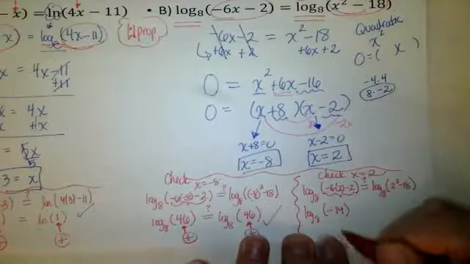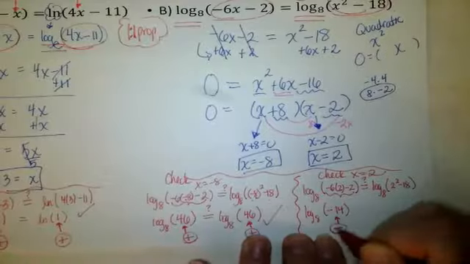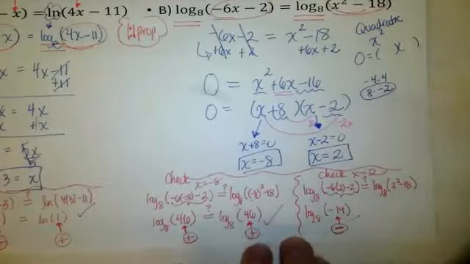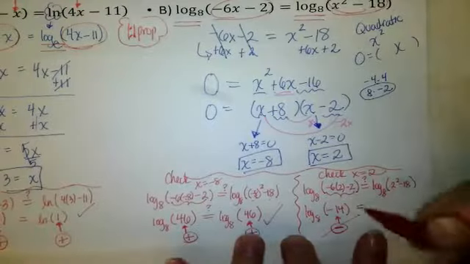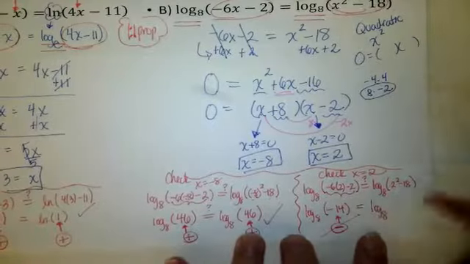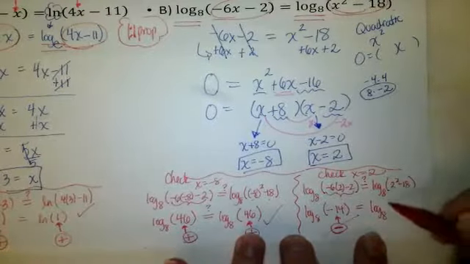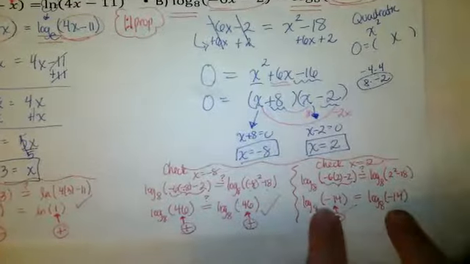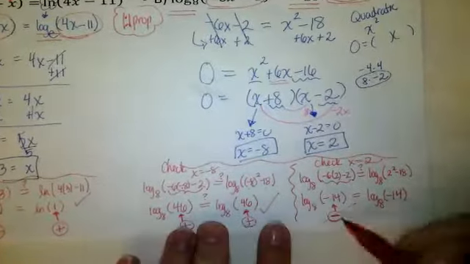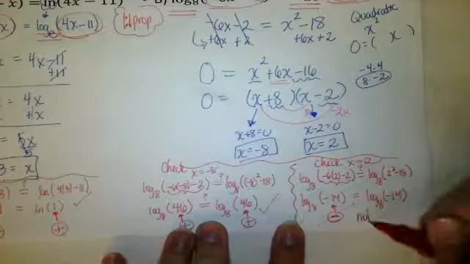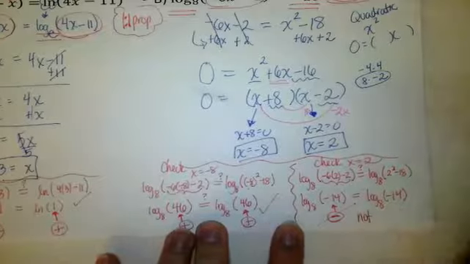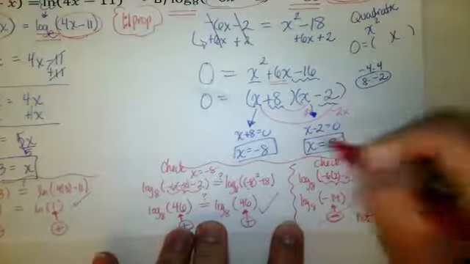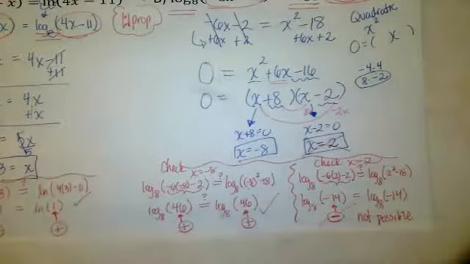No, because that is a negative number. The argument is not allowed to be negative. And even though 2 squared is 4 minus 18 is also negative 14, even though the left and right side balance, we cannot take the log of a negative number. Not possible. All right, so 2 is a false solution.